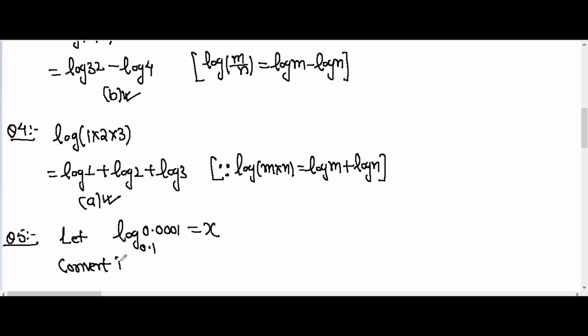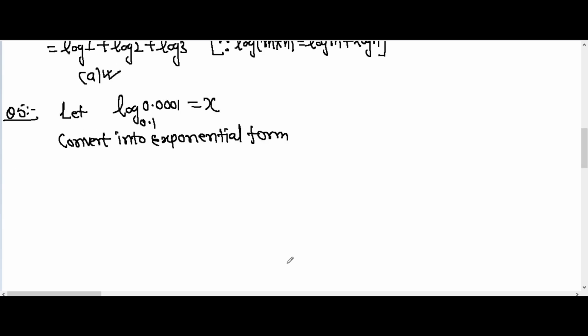Convert into exponential form. Therefore we have 0.1 whole raised to x is equal to 0.0001. Therefore 0.1 whole raised to x is equal to 0.1 whole raised to 4.